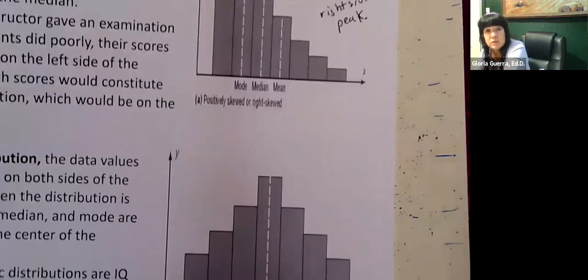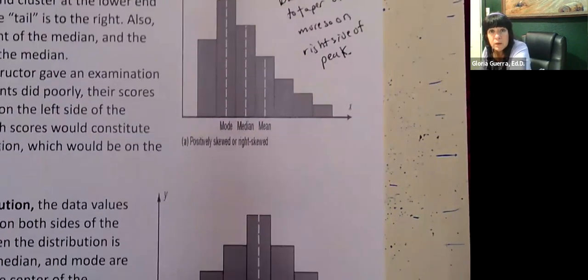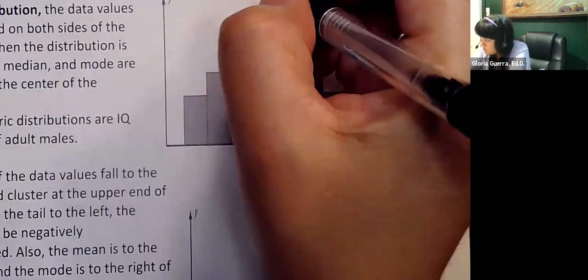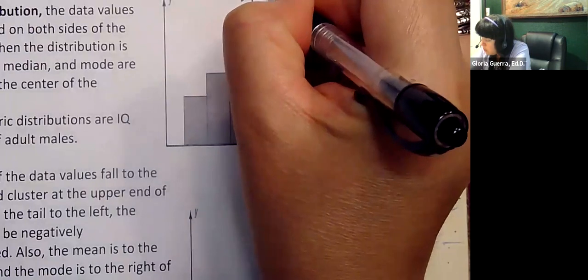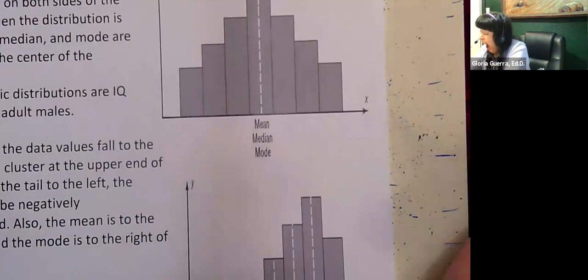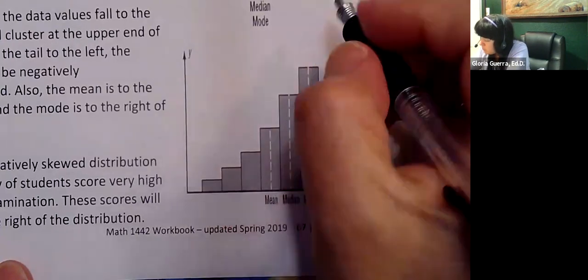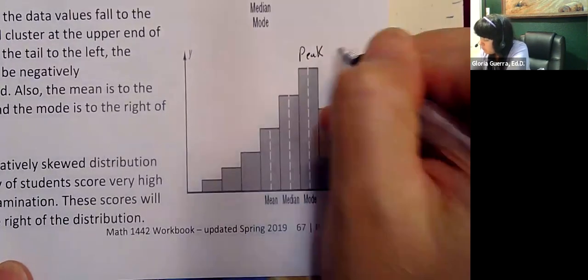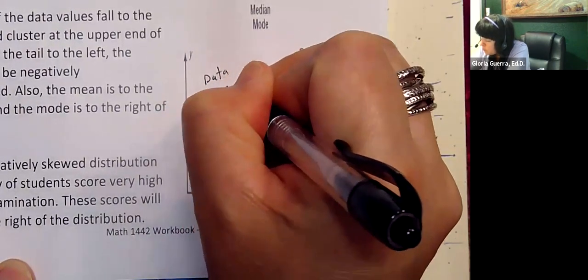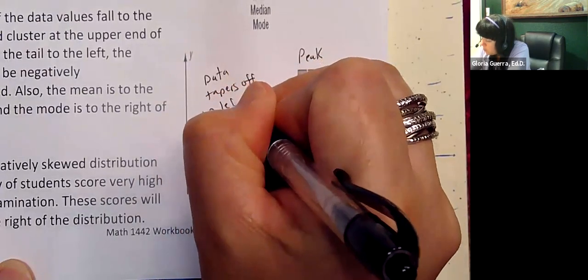Whereas, let's see this one. You can pause that if you haven't written that down. This one is more symmetric. Then this one, here's your peak. So this one, the data tapers off on the left-hand side.